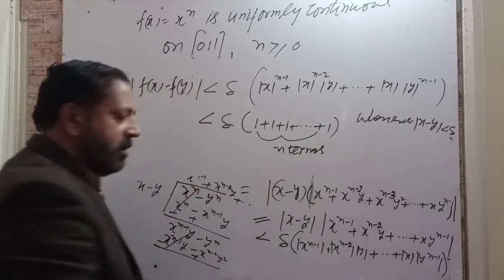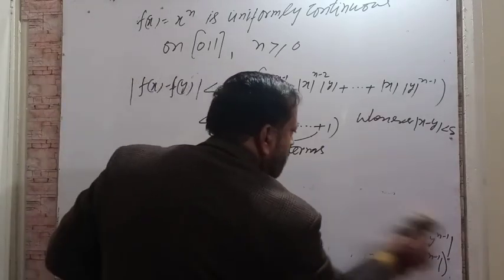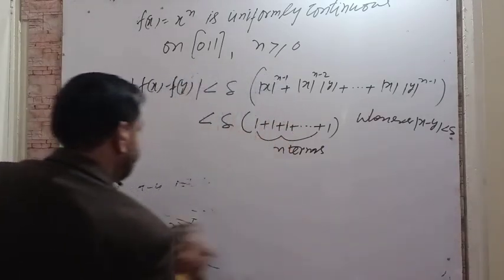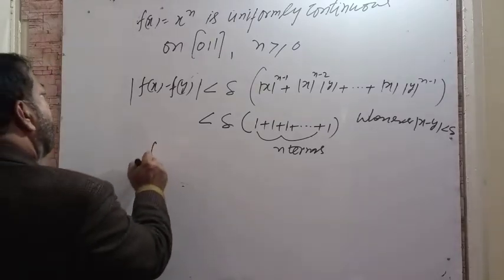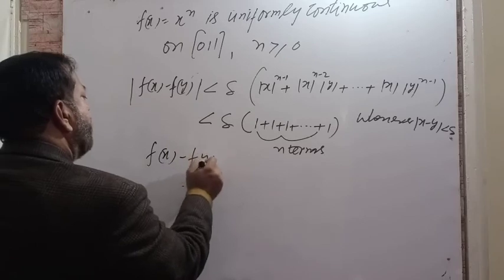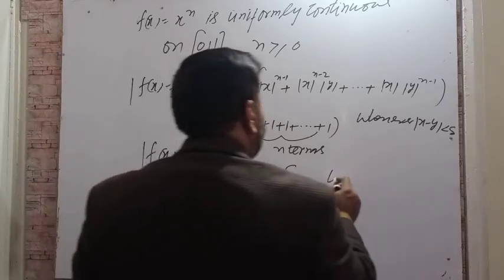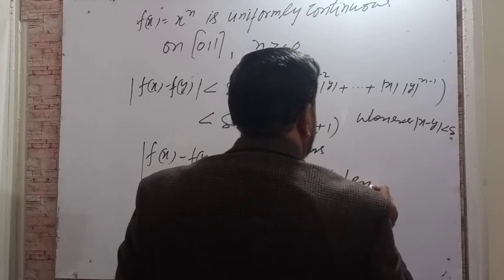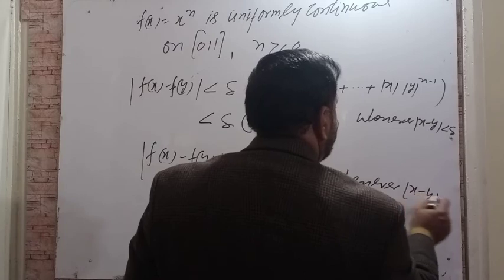This implies that |f(x) minus f(y)| must be less than n delta whenever |x minus y| is less than delta.